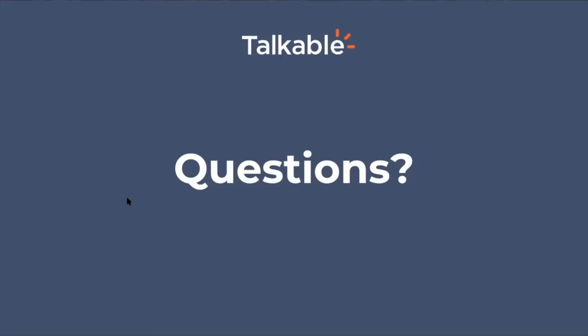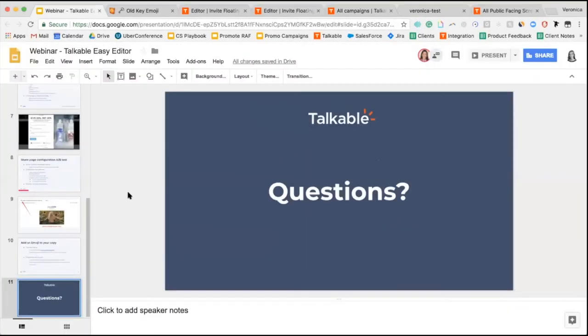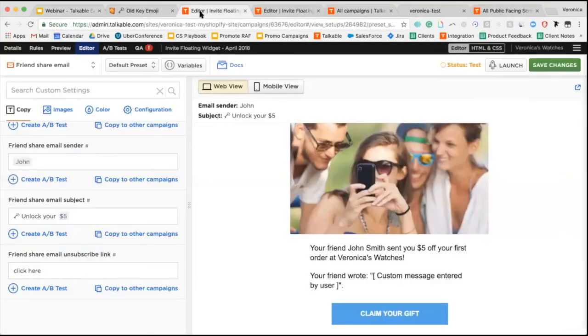We have one more question about changing the incentives. Someone said they tried to change them and it wasn't allowing them to actually change the incentives. Sure. So incentives can only be changed, and I'm going to go into the editor to just show you, in test campaigns.